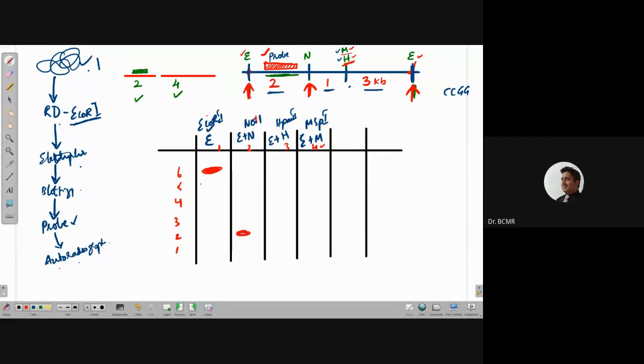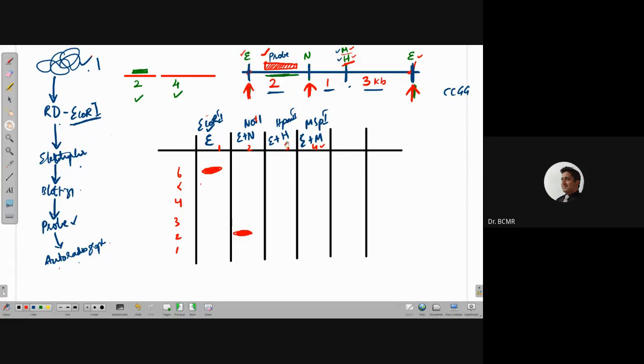The probe is homologous to this fragment, as you can see here. So only that band will be recognized. The 4 kb fragment and the rest of the DNA will not be visible.